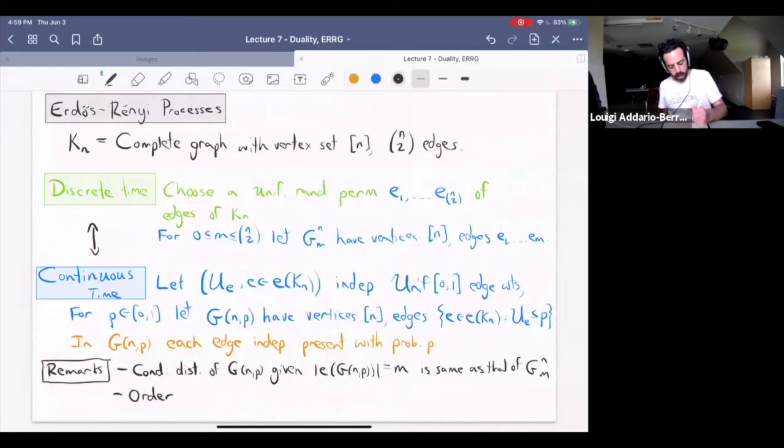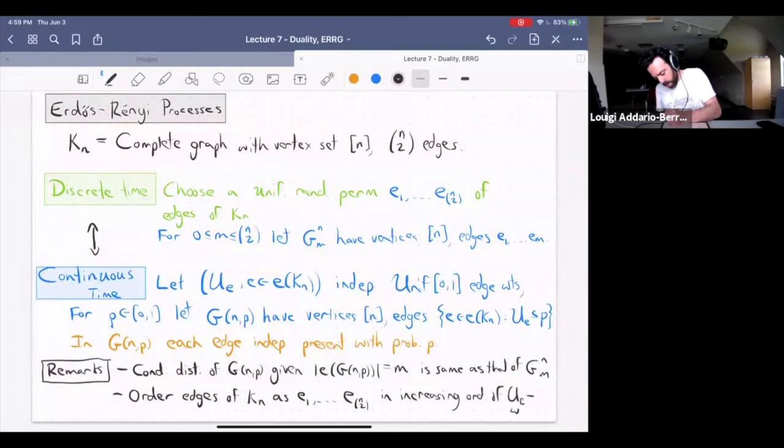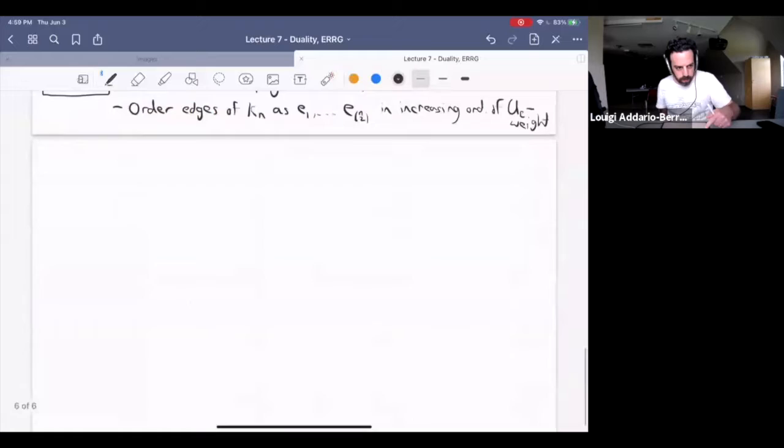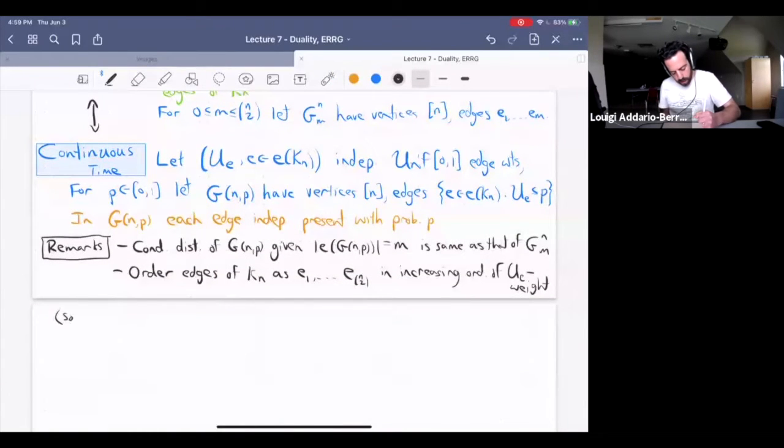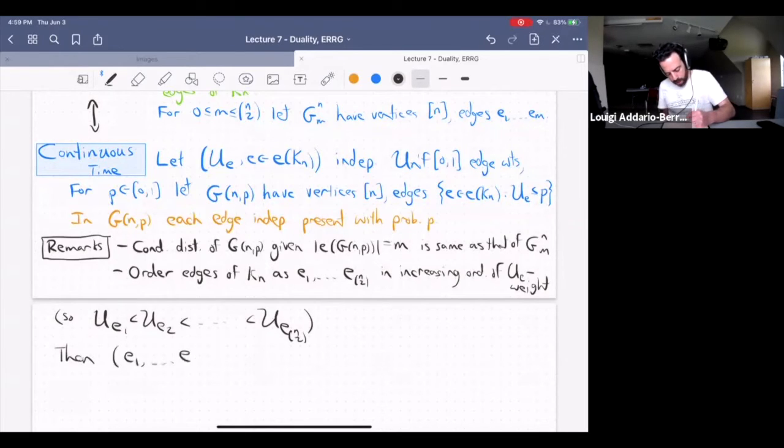of edges. Okay, and on the other hand, if we order the edges of the complete graph, so as e_1 up to e_{n choose 2}, in increasing order of their U_e weight, so that means that U_{e_1} is less than U_{e_2} is less than ... U_{e_{n choose 2}}, then this permutation is a uniformly random permutation.